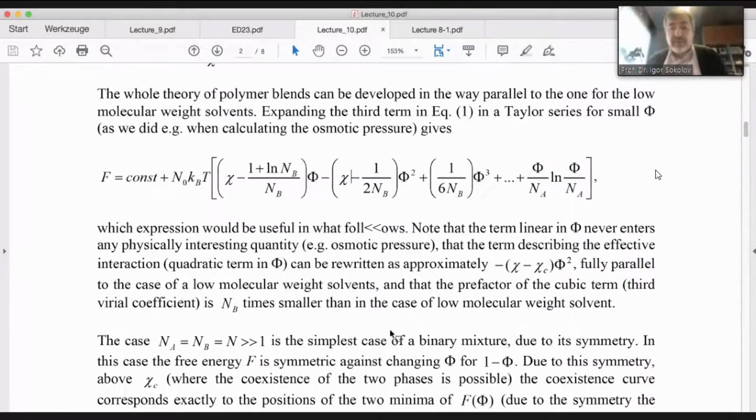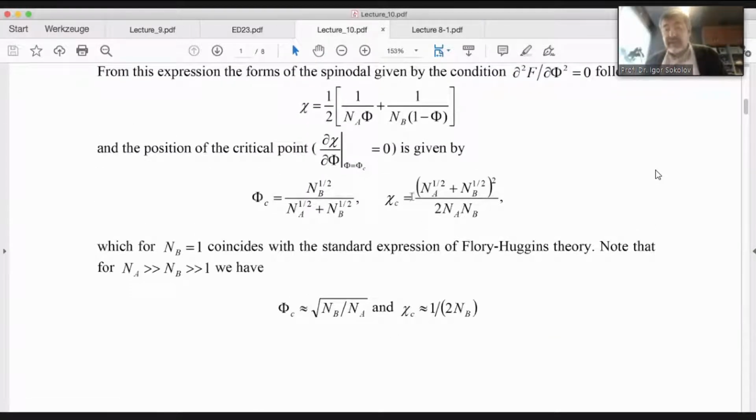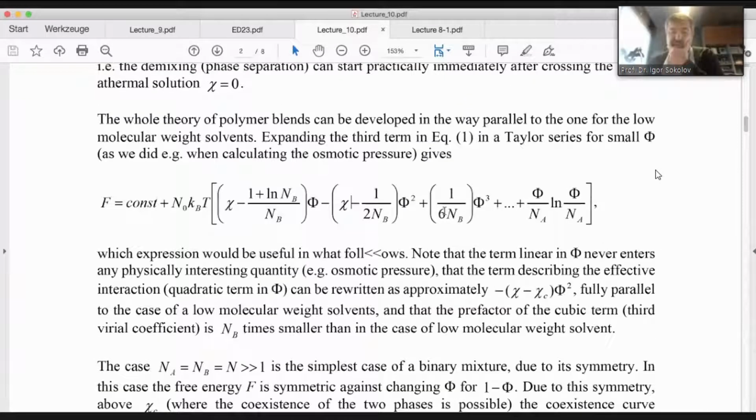So if you put in our formulas here N_A equal to N_B, and both large, then you have here 4 times, twice the square root of n squared, 4 times. There is something wrong here. 4 times n_A, and here you have twice n_A and n_B. So what you get here is chi_C equal to 2.